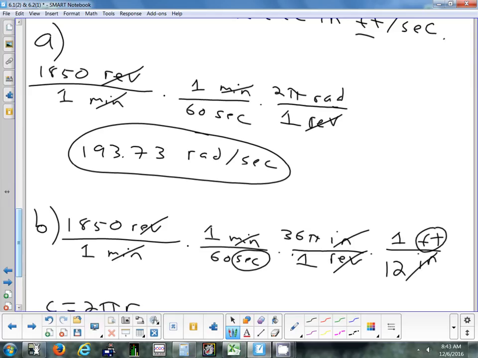Any questions on how you'd finish that up? You just have to multiply 1850 times 36 times pi, and then divide that whole thing by 60 times 12, or 720. Okay? Any questions on that?